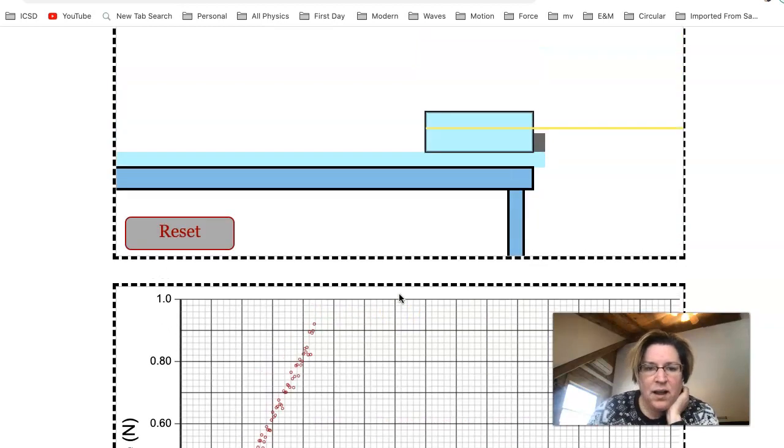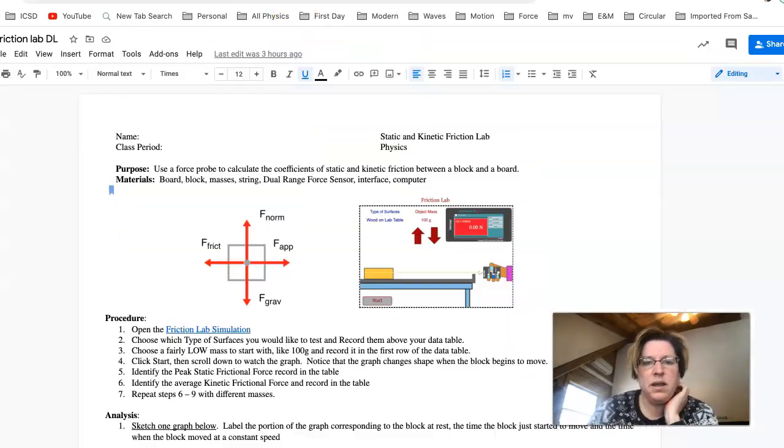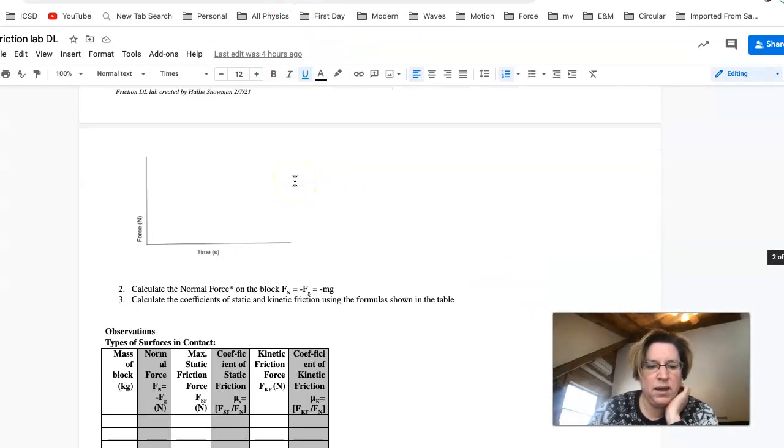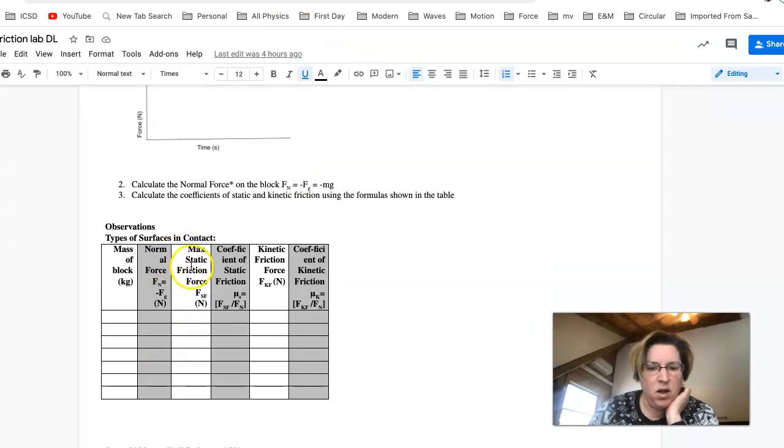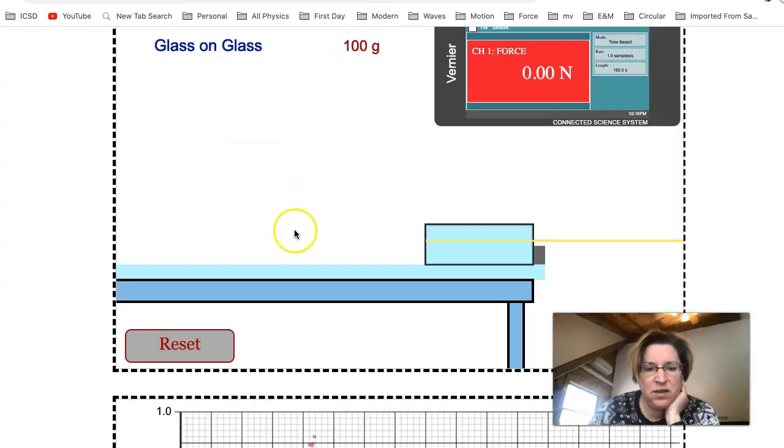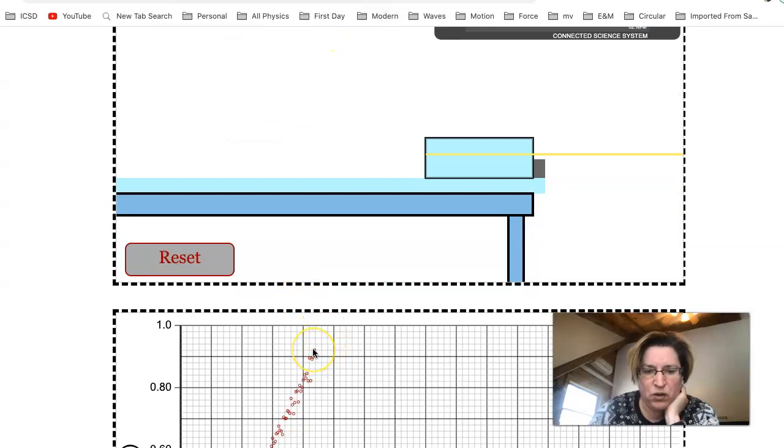That is what I'm going to record in the friction lab right in this white column here. The white columns are data that you record directly from the simulation, and the gray columns are calculated data. So to get the maximum static friction, it's this point right up here.